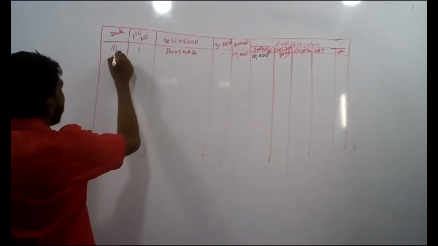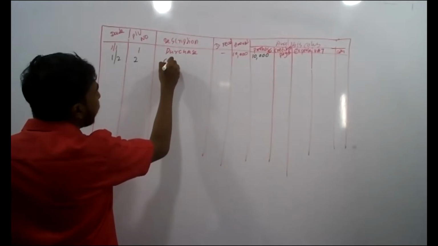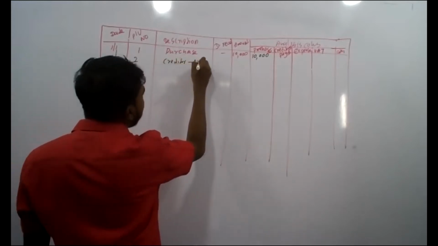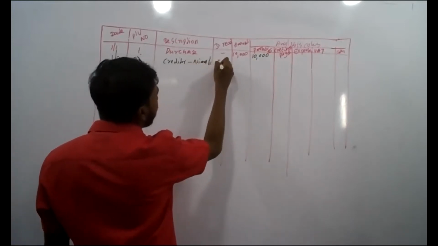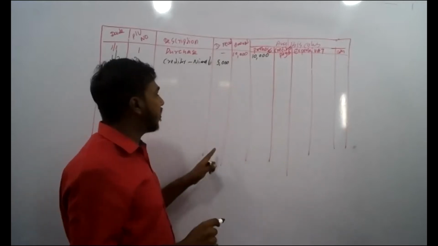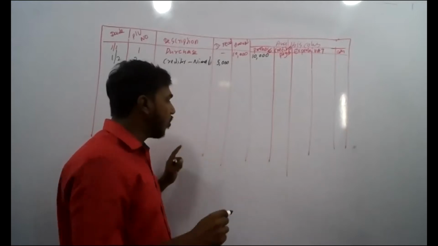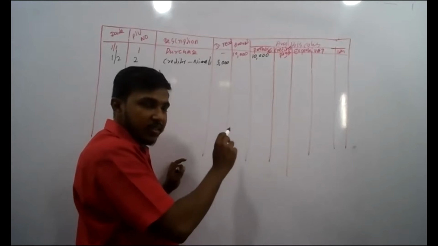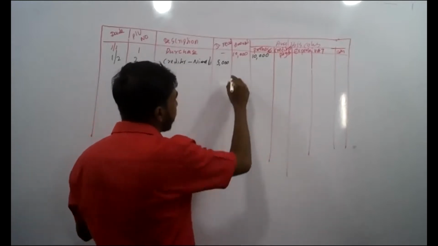We'll say January 2nd, payment voucher number 2. Then you paid creditor Nimali. You take a discount also, 5,000. In the last question, we didn't record the double entry for discount allowed. We have to record the double entry for discount allowed also. I forgot it. 5,000. So discount allowed debit, debtor's credit. You have to keep the double entry for that also.